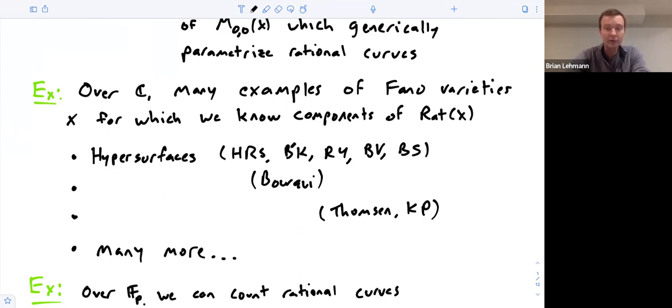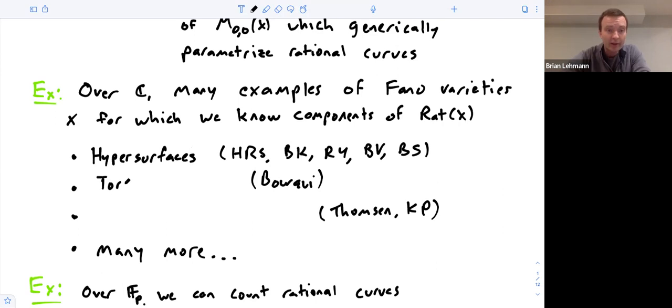Then later on, there was work by Beheshti and Kumar, Riedel and Yang, which settle the situation for general Fano hypersurfaces of almost any degree. More recently, there's been some interesting work by Browning and Vishe and Browning and Sawin considering arbitrary smooth hypersurfaces of very small degree compared to their dimension. In any case, hypersurfaces is one class of varieties where we know a lot about rational curves.